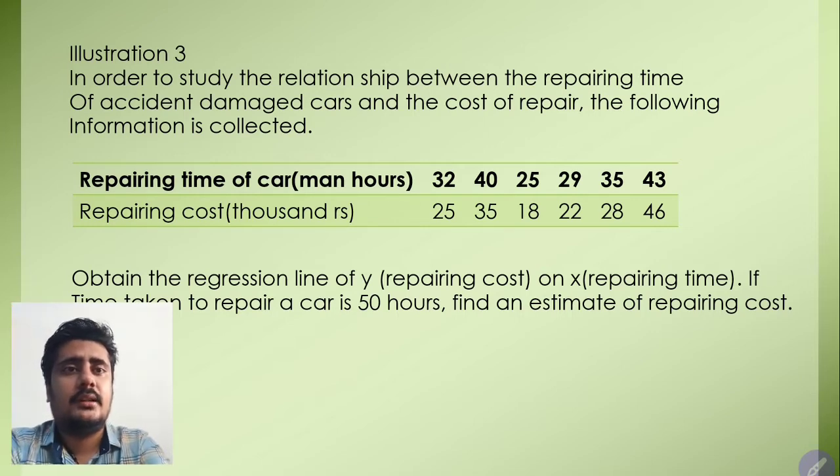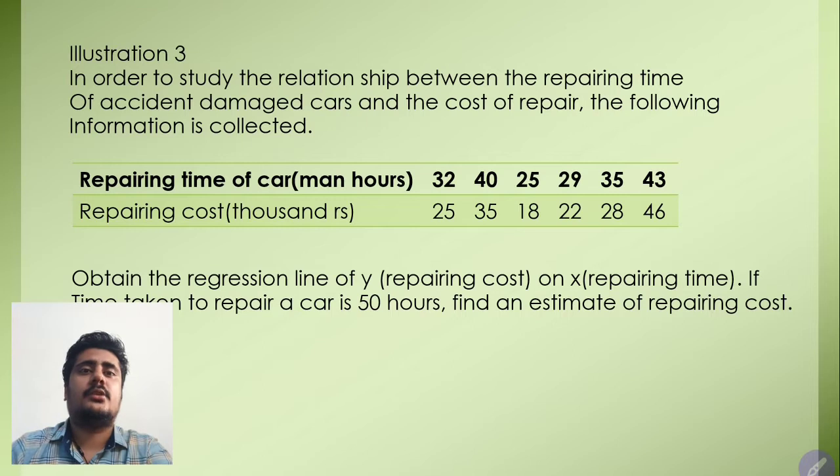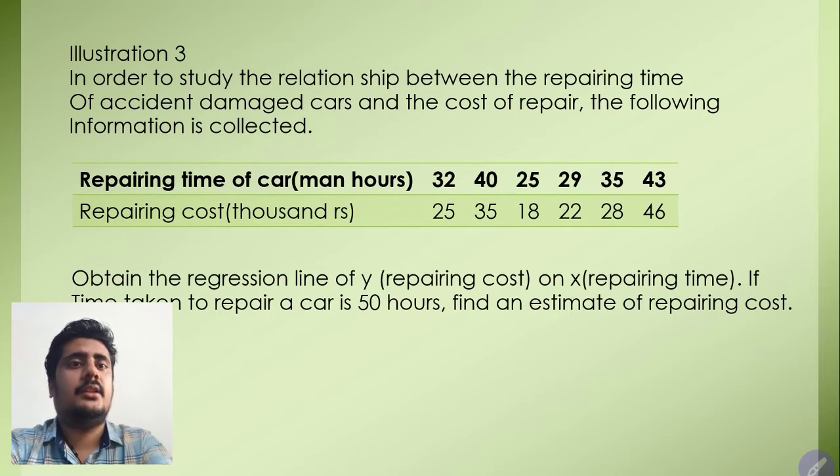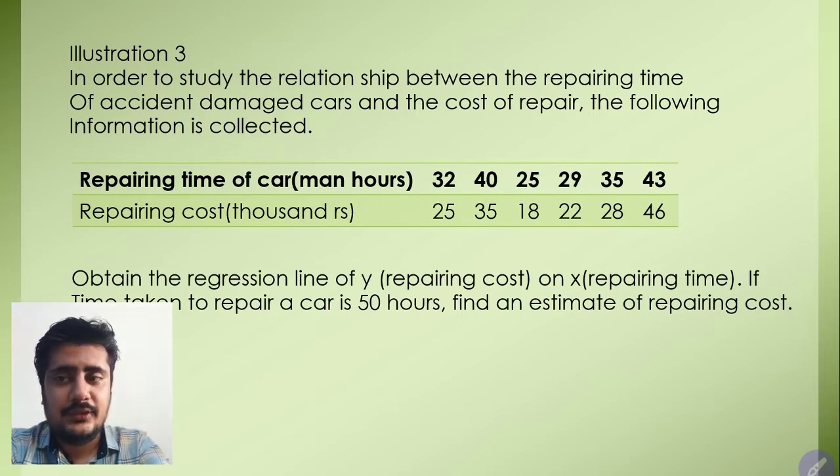Repairing time of car 32, 40, 25, 29, 35, 43, and repairing cost 25, 35, 18, 22, 28, 46. Obtain the regression line of y on x. If time taken to repair a car is 50 hours, find an estimate of repairing cost. So basically x is given, x is 50, you have to find y.